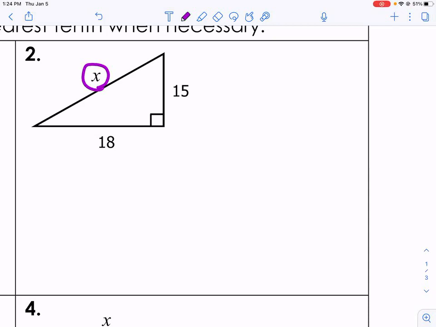So which numbers go where? No, that's fine. She didn't understand what I was asking. It's totally fine. Okay, so this is how she wants to set it up. So in your calculators, please figure out 18 squared plus 15 squared equals.